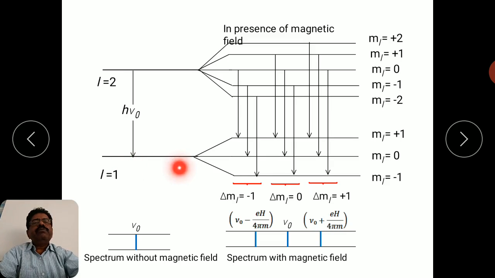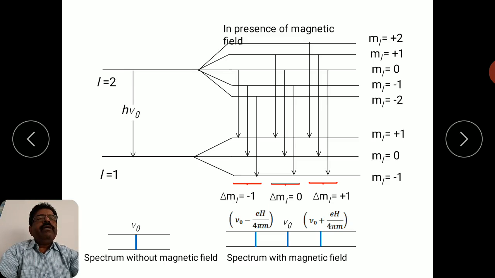You can say this is the p orbital and this is the d orbital, L is equal to 2. There are three different values of ml here and 5 different values of ml there, so you can treat these as 5 sub levels and 3 sub levels.